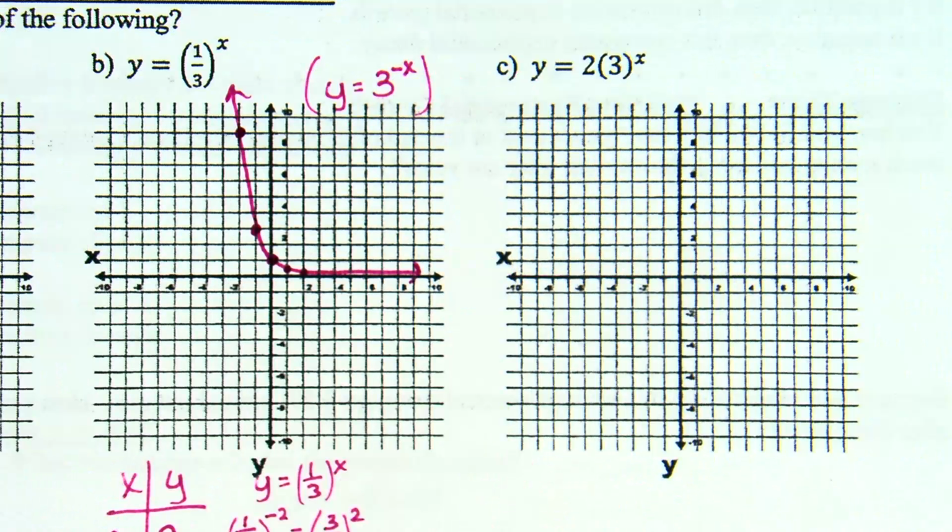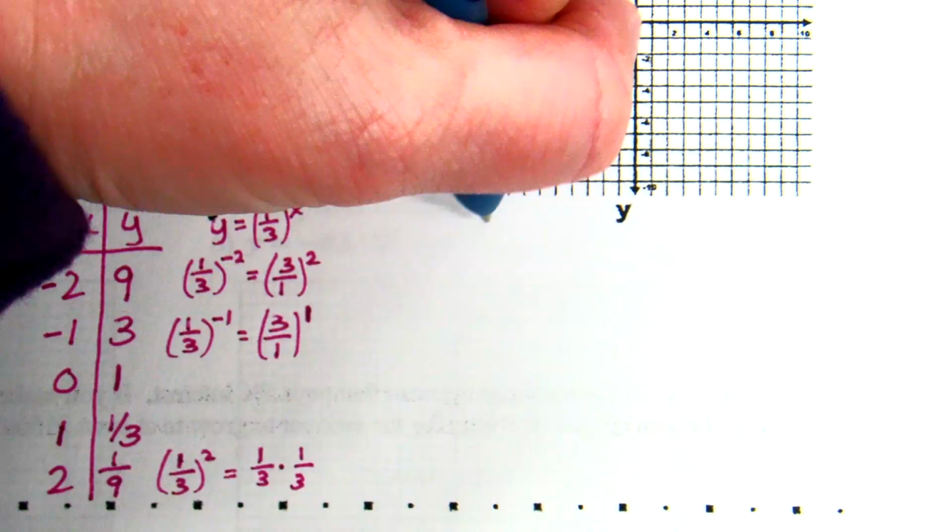If we talk about our various transformations, what is that multiplying by a 2 out front going to cause this graph to do? Stretch. Multiplying by a number greater than 1 is a vertical stretch. Okay. So this is going to be a vertical stretch. Now, for the process of our XY chart, I'm going to use that same -2 to +2.